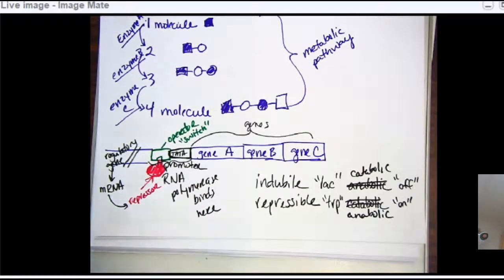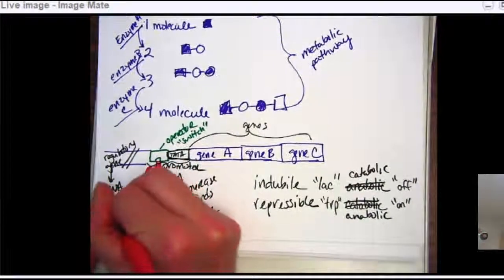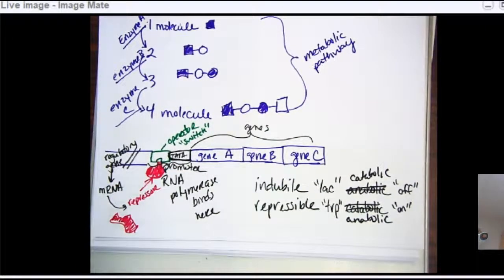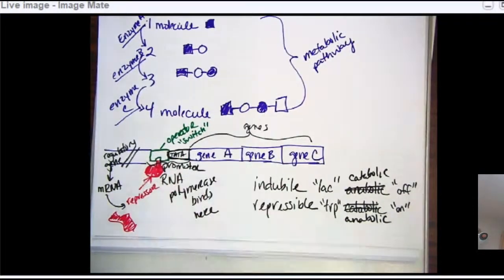But some repressors might form in an inactive conformation, and if that's the case, then the operon's normally on, and they will only bind to the operator if there's something like a co-repressor that would change the conformation.